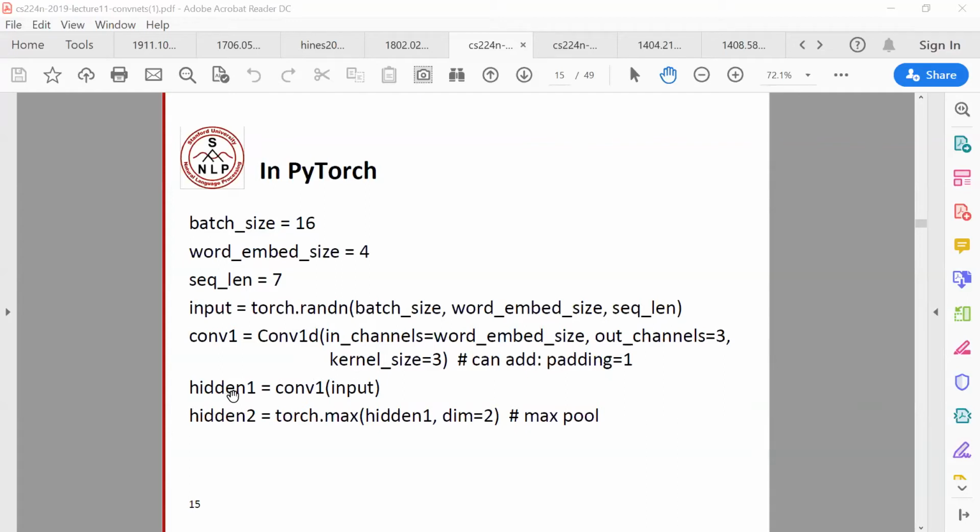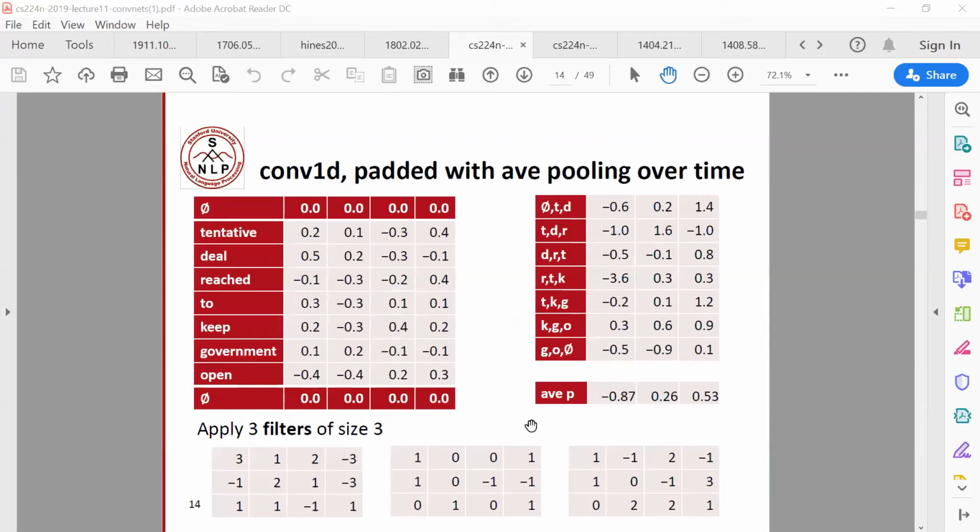And so then your hidden layer would be the convolution layer applied to the input. And then the next layer would be a max pooling layer, which we saw, the max pooling operation. That's also in PyTorch. And so you would max pool over hidden 1. Now I'm not sure what dimension equals 2 is. That's a little bit weird.